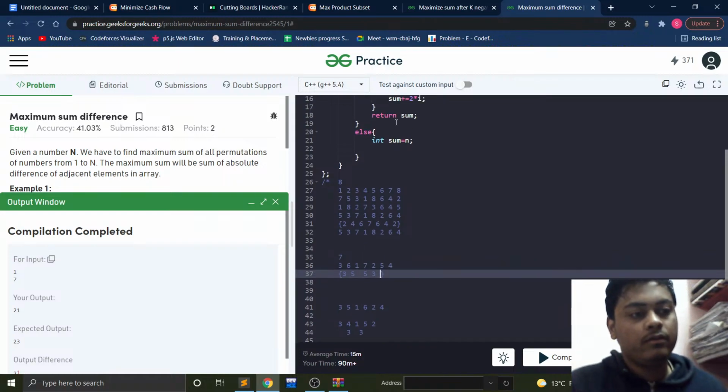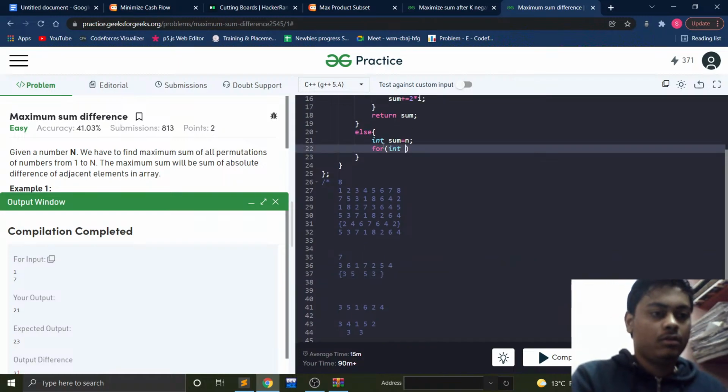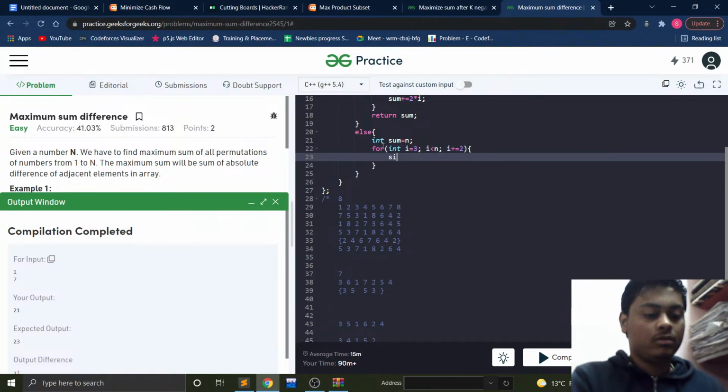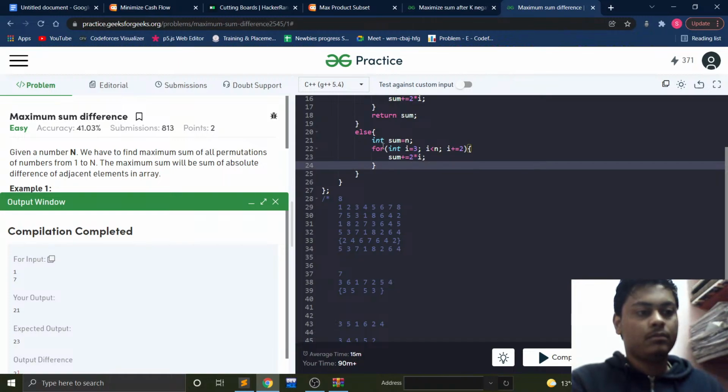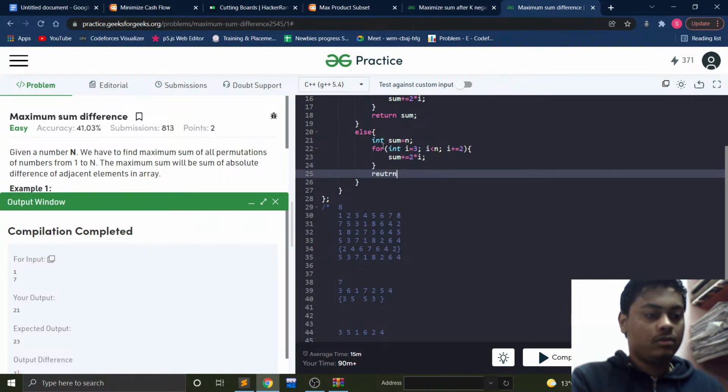We only remain with starting with 3. Plus equal to 2 times i, and return sum.